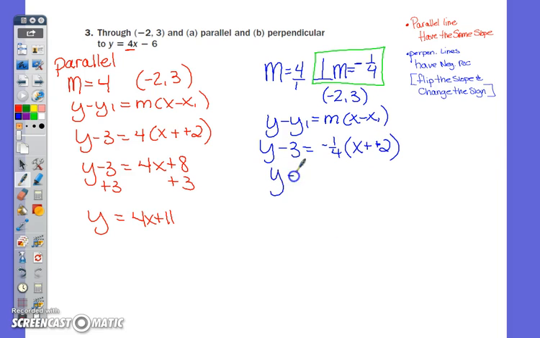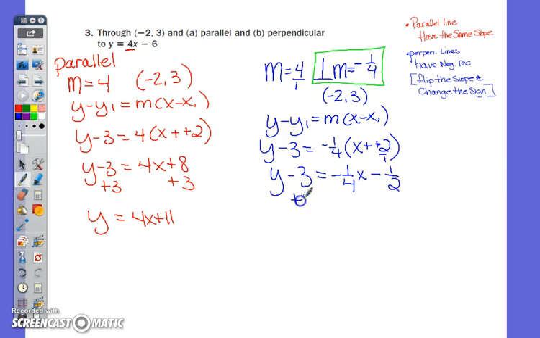So we have y minus 3 equals, well, negative 1/4 times x, that's an easy one, negative 1/4 x. And negative 1/4 times 2, put this over 1, we multiply tops times tops and bottoms times bottoms. It's a negative 2/4. Can you simplify that? Yes, you can simplify that to what? You can simplify that into a 1/2.